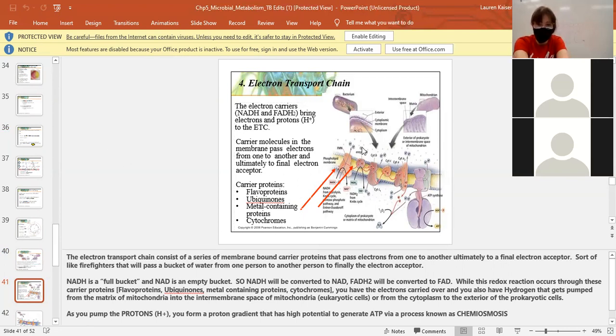So these are coming in to our cytoplasmic membrane.